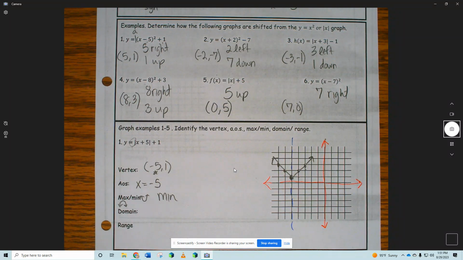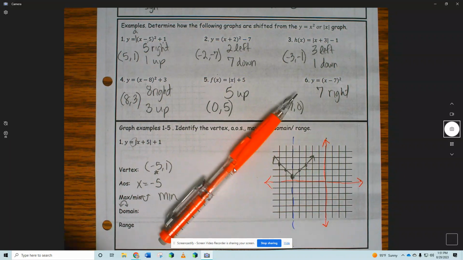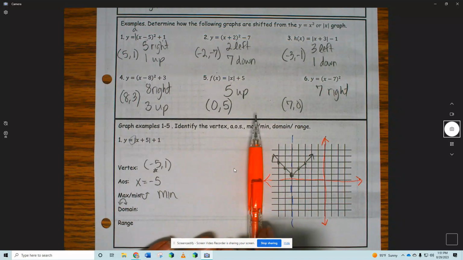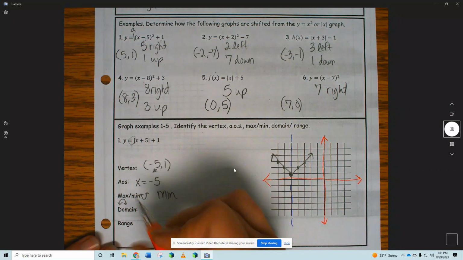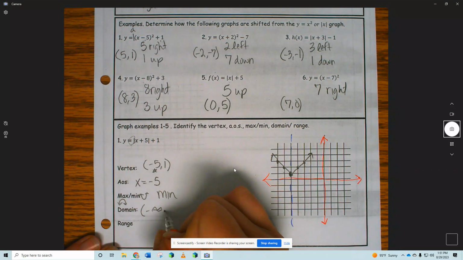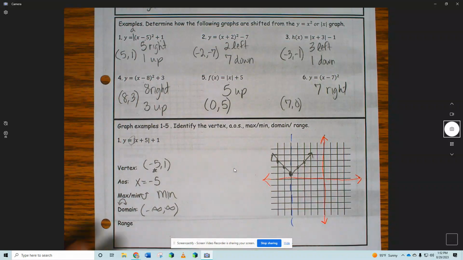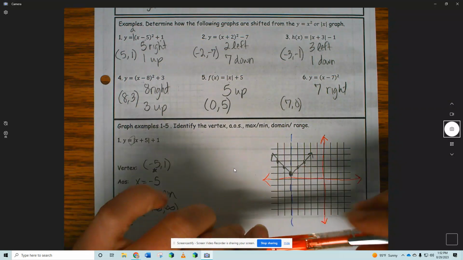Now for domain and range. We know domain and range. Are you guys experts at this by now? Scanning left to right, what's my domain? -infinity to positive infinity. All real numbers. Range goes low to high.